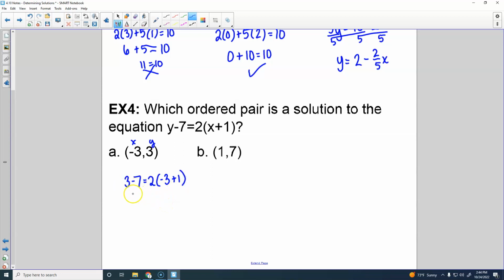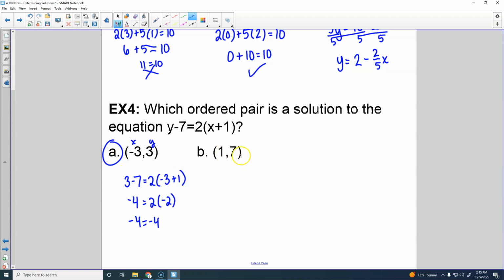So what is 3 minus 7? Negative 4. Over here, I need to do negative 3 plus 1. Good, and that'll give me negative 2. So negative 4 equals negative 4. Is this the solution? Yes. So this is probably my answer, hopefully.